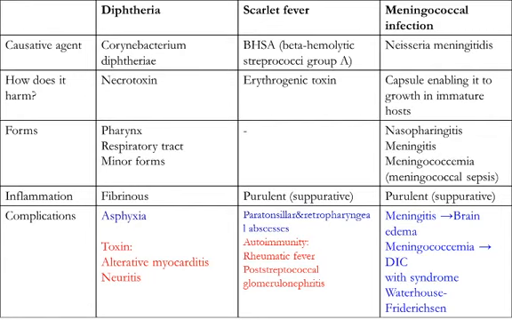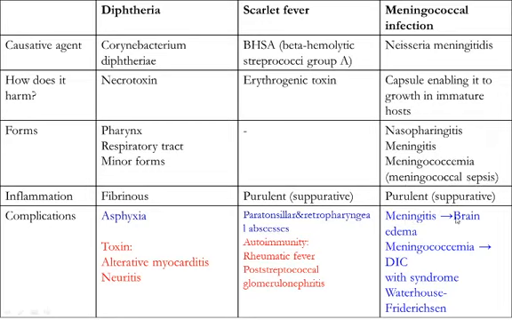The upper part of the pharynx is close to the meninges of the cranial fossae, so there is direct spread. And meningococcemia, as we have seen, is meningococcal sepsis.